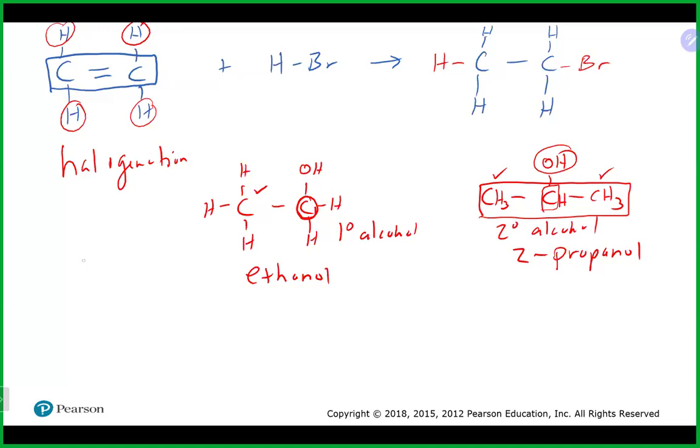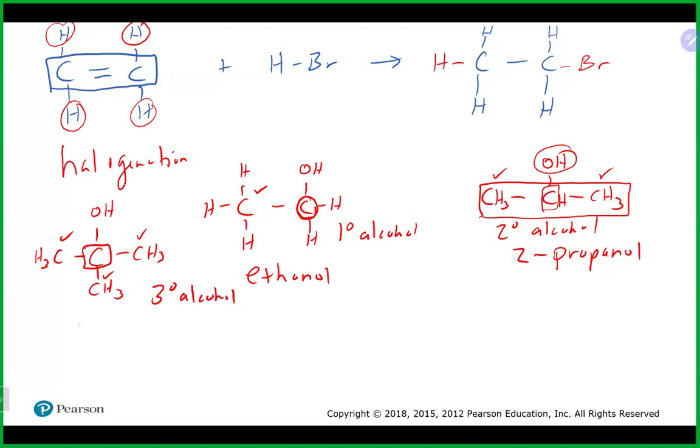And then as we saw earlier, if you had something like this, this is going to get you your tertiary alcohol. 1, 2, and 3 carbons attached gives you a tertiary alcohol. And again, if we were to name this, that is basically what we just had on the last slide.